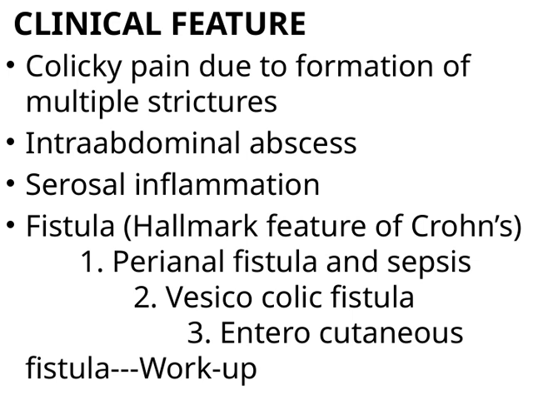And enterocutaneous fistulas, which create an abnormal pathway from the intestines to the skin, often require thorough workup to properly diagnose and manage. Understanding these features is crucial because they help us recognize the complexity of Crohn's disease and guide our approach for effective treatment and management.